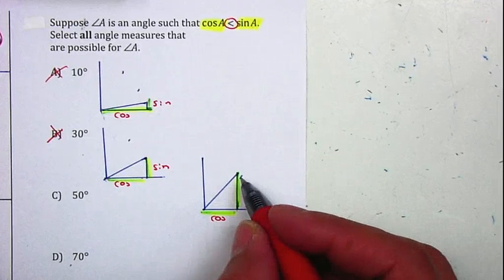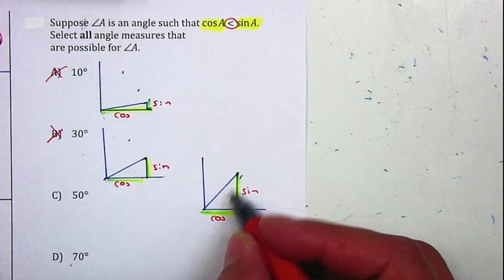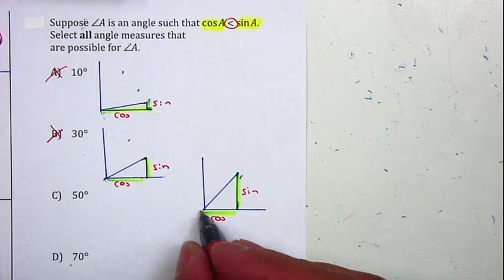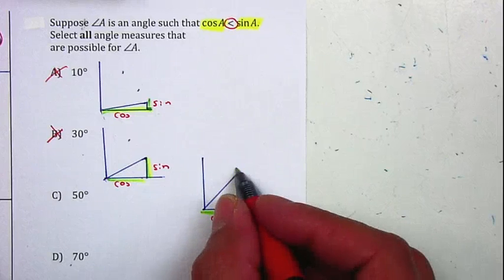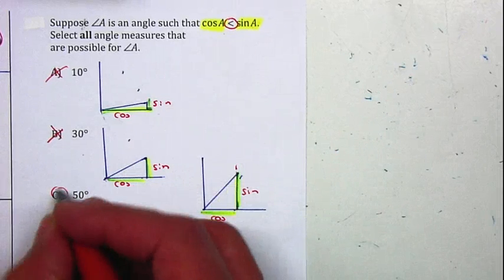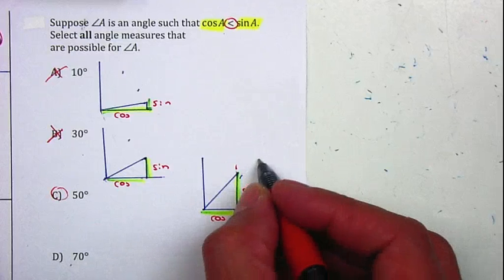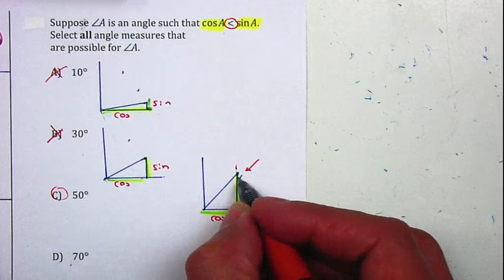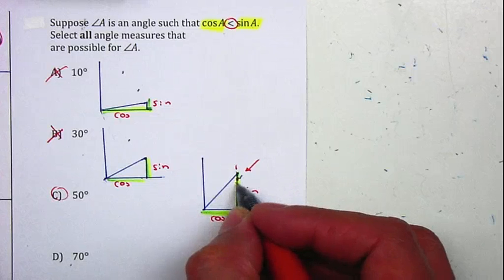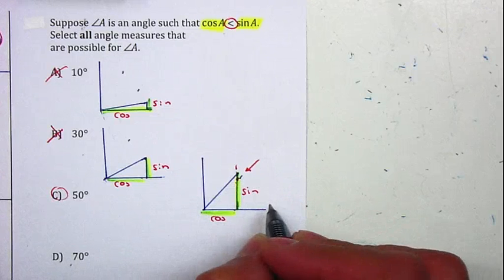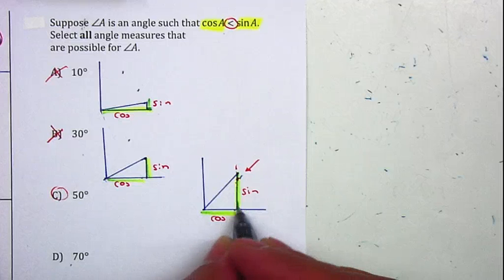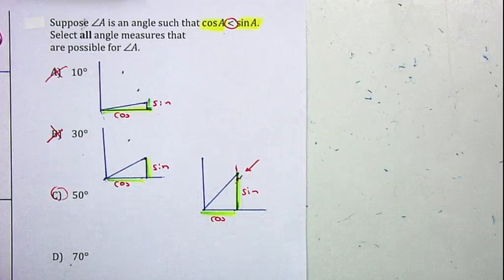And remember that whenever it was 45, they were both equal. Right now, your cosine is a little smaller than your sine, so it does apply. So just make sure that you draw it correctly so you're able to see. And also remember that your 45 is your halfway mark. So at this point, they will both be equal. But now your cosine became smaller than your sine at 50 degrees.